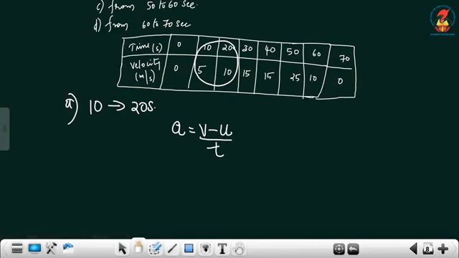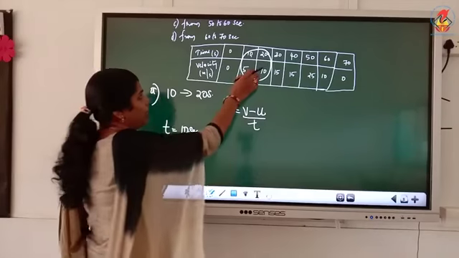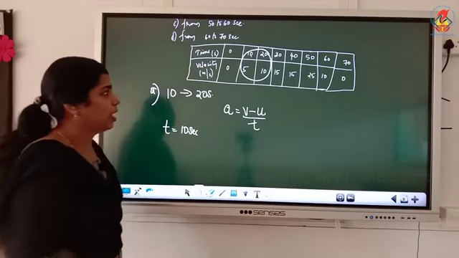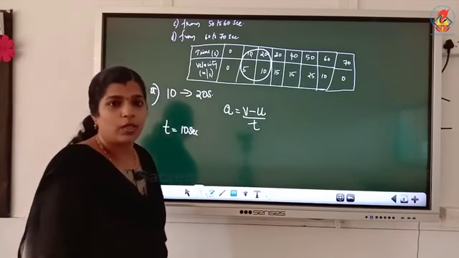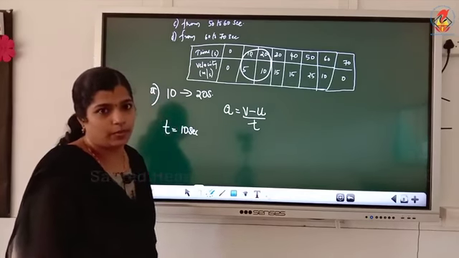Difference in time, t, you got it as 10 seconds. That is 20 minus 10. Now, in this case, which one is the initial velocity and which one is the final velocity?